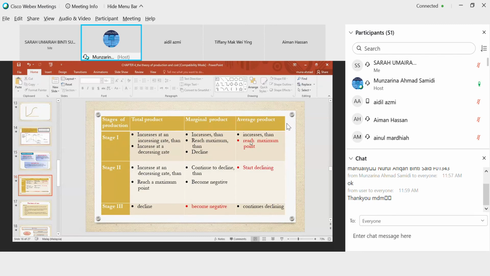So stage 1 ends where average product reaches its maximum point. And stage 2 begins when average product starts declining.